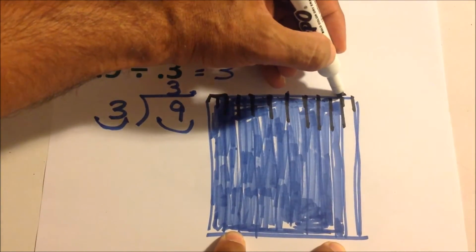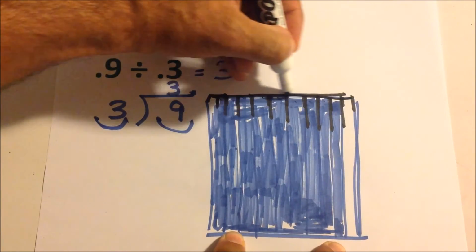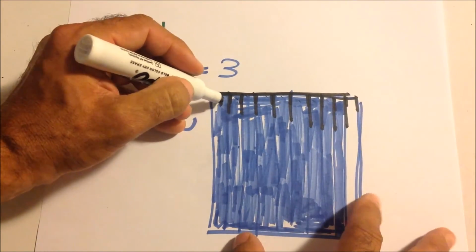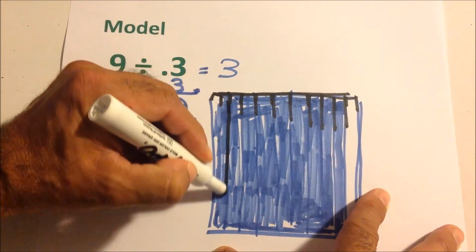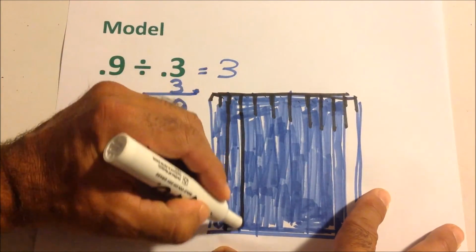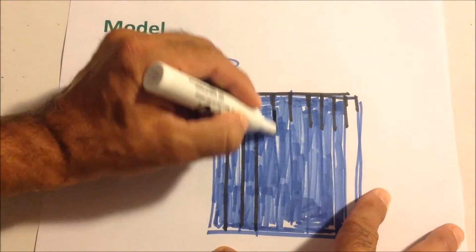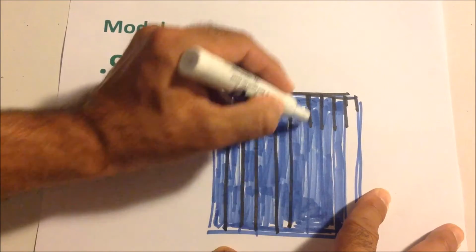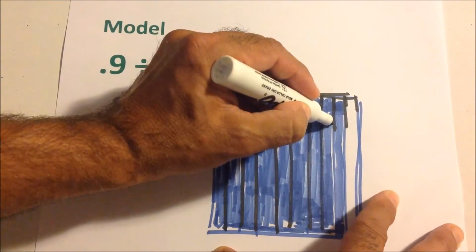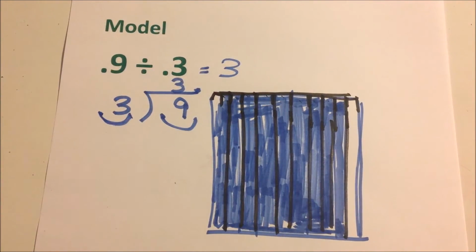And there's our 10. So let's make this dark line so we see it. See if you can see that on the video.